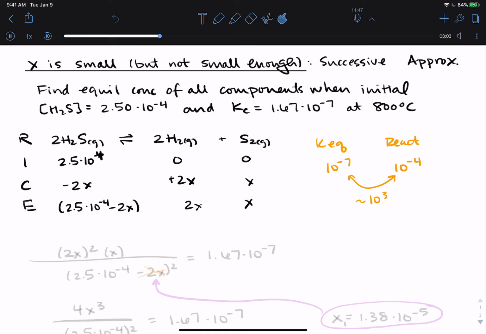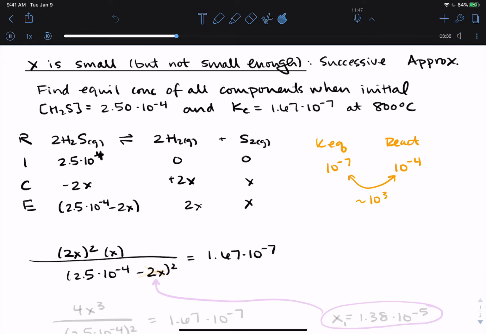So I am going to assume that x is small. I will go ahead and set up what my problem would look like without that removed, right? So I've got my products, 2x quantity squared times x, and then it's going to be 2.5 times 10 to the minus 4th minus 2x, this whole thing squared, equals 1.67 times 10 to the minus 7th.